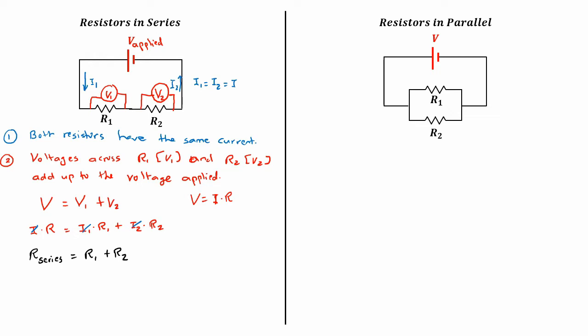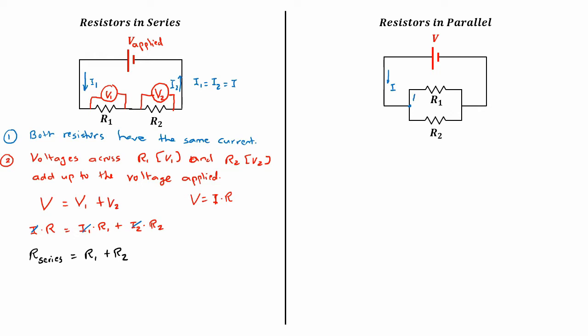Okay. Now let's look at resistors in parallel. They also have two characteristics. Okay. So let's look at the current first here. Current is flowing in this direction, and we probably can notice now that there is a junction here, right? At the junction, the current is going to get split.